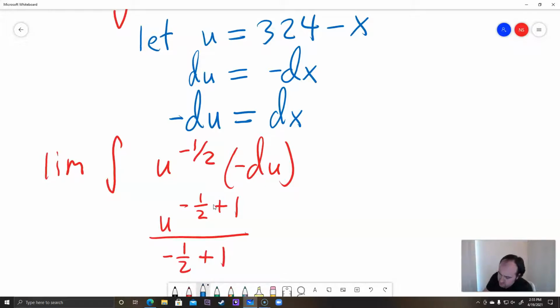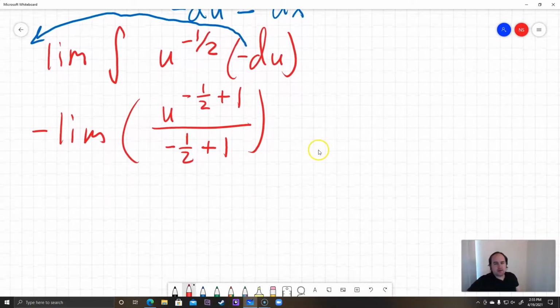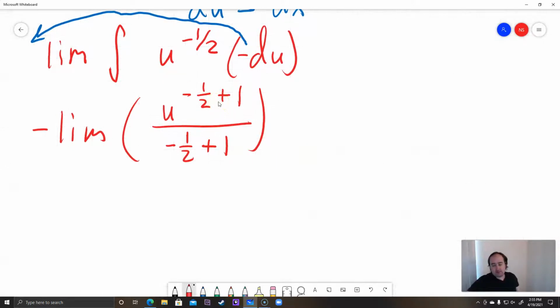And then as for the minus, we can factor that out front. We can actually even factor it out of the limit. Okay, so we have negative limit, well, we're not going to write the limit in yet. And then here's our antiderivative. So we got u to the negative 1/2 plus 1 divided by negative 1/2 plus 1. Okay, and then negative 1/2 plus 1 is positive 1/2. So here we have u to the positive 1/2 divided by 1/2.